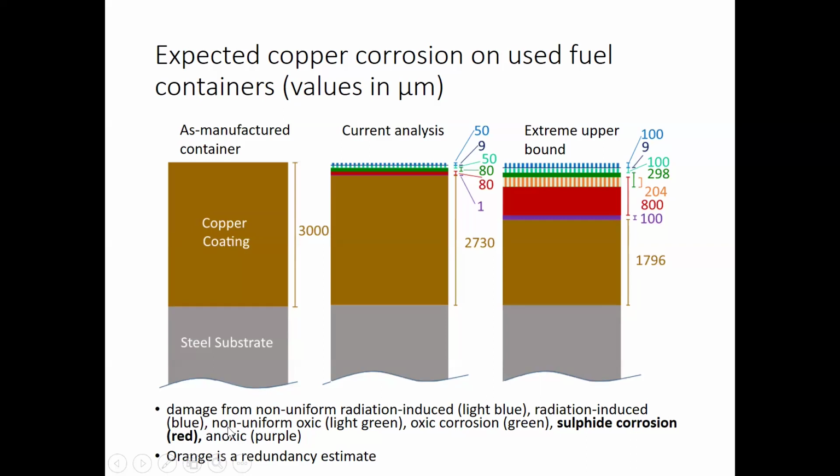Then you have the actual damage of the material due to the radiation itself being given off. So small amounts, relatively. We haven't really talked about that in this class very much, but it'll be a damage to the material. Then you have non-uniform oxic corrosion, light green, and then oxic corrosion in green.